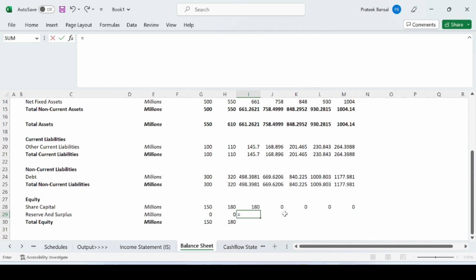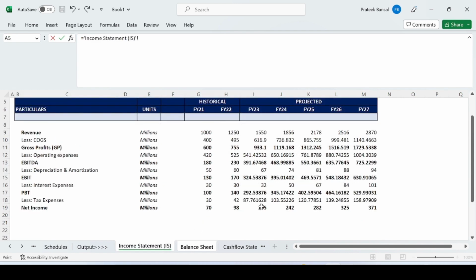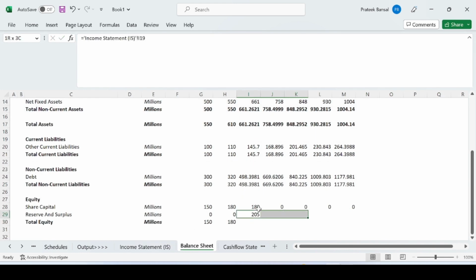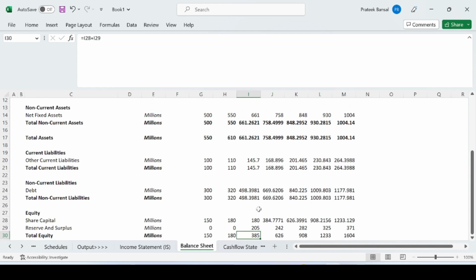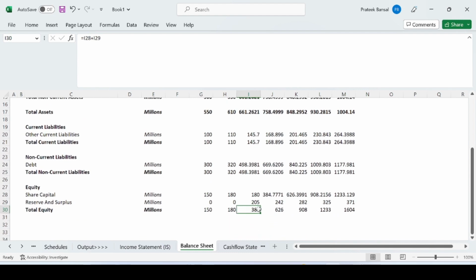And for that, reserve and surplus will include net income for the current year, and this is how we can calculate, sorry, our total equity. Now we can see there is a difference.